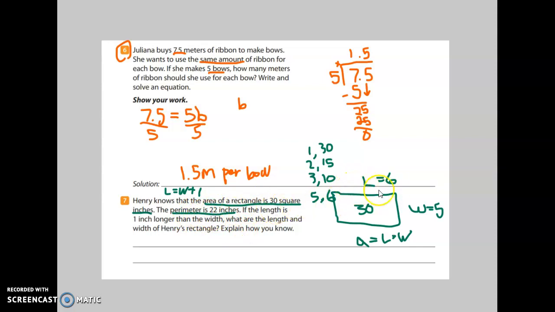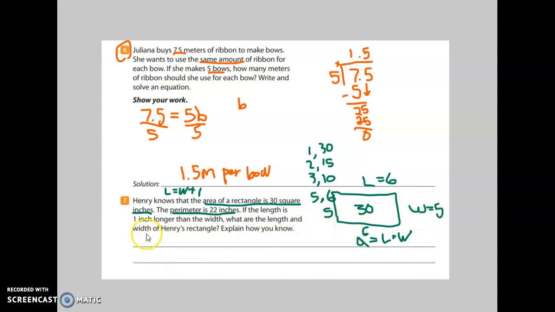So we need to make sure that if I add all the sides up, it equals 22. 6 plus 5, so this is two sides, is 11. This side would be 6 again, so that's 17. And 17 plus 5 is 22.